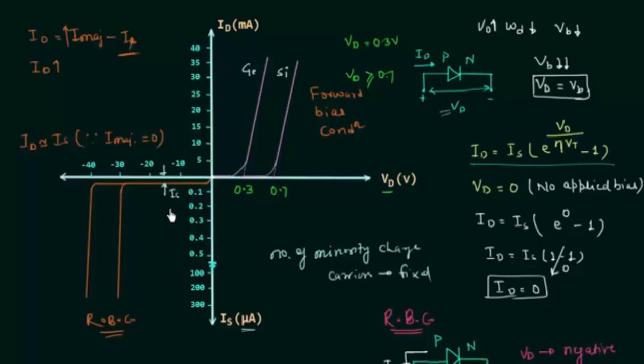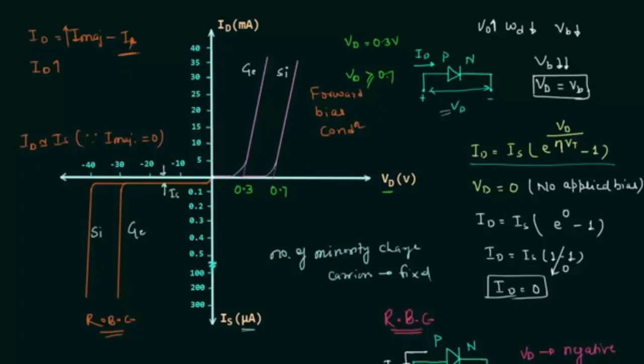That's why they are called minority charge carriers, because they are small in numbers as compared to majority charge carriers. And if you go on increasing the reverse bias potential to a higher value, you will find that there is a sudden rise in current. This graph is for germanium and this graph is for silicon, and there is a sudden rise in current. This voltage is known as breakdown voltage.